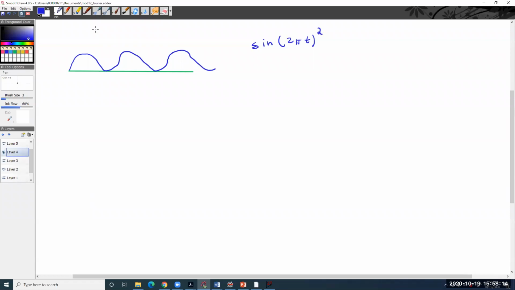So it's squared. So the original frequency, the original period would have been 1 second. Now it's doubled. We'll just call that 1 and call that about 0.5.